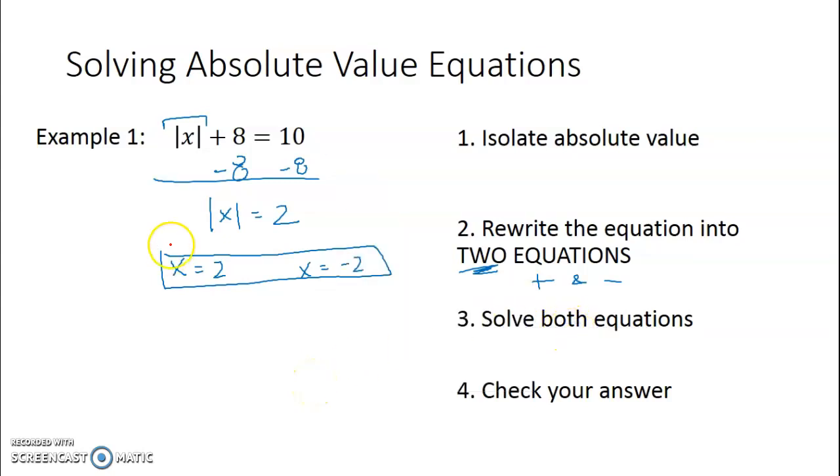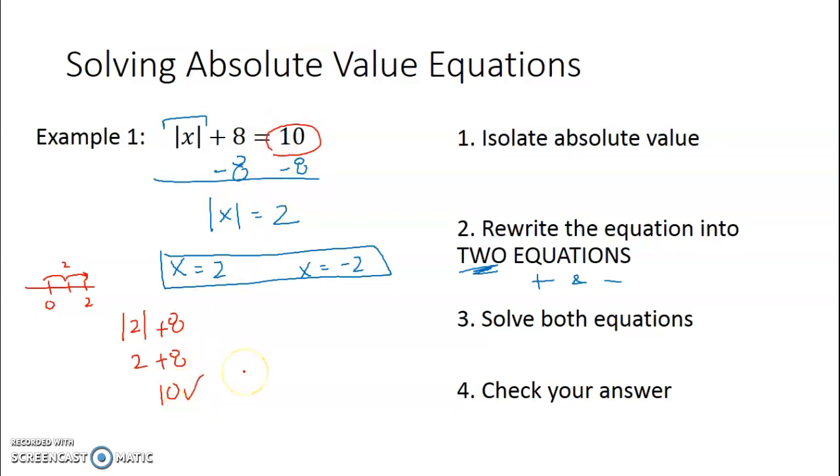When I check my answer, I plug it back in. So when I check this 2, and have the absolute value of 2 plus 8. The absolute value of 2, so if on my number line here's 0, here's 2, it is 1, 2 spaces away. So my absolute value is 2 plus 8 is 10, which is what the problem said.